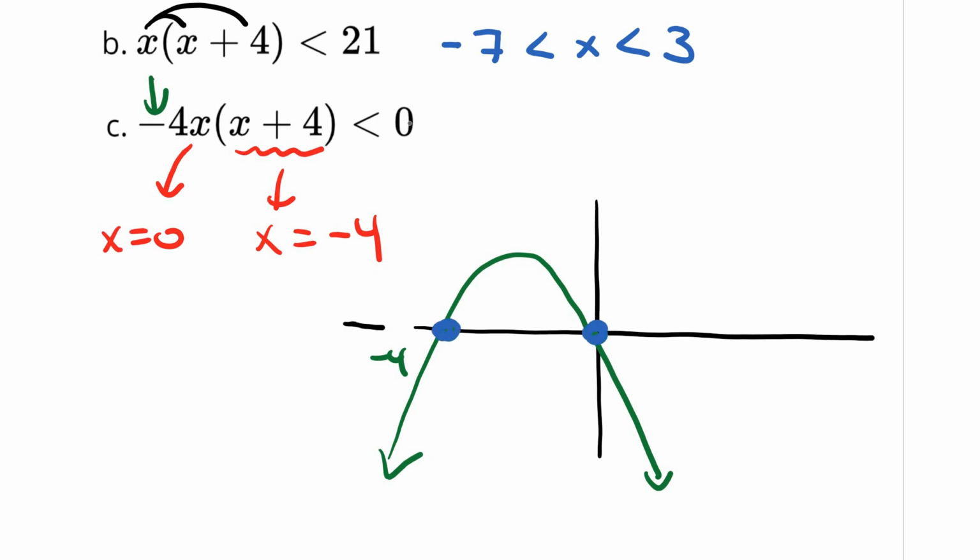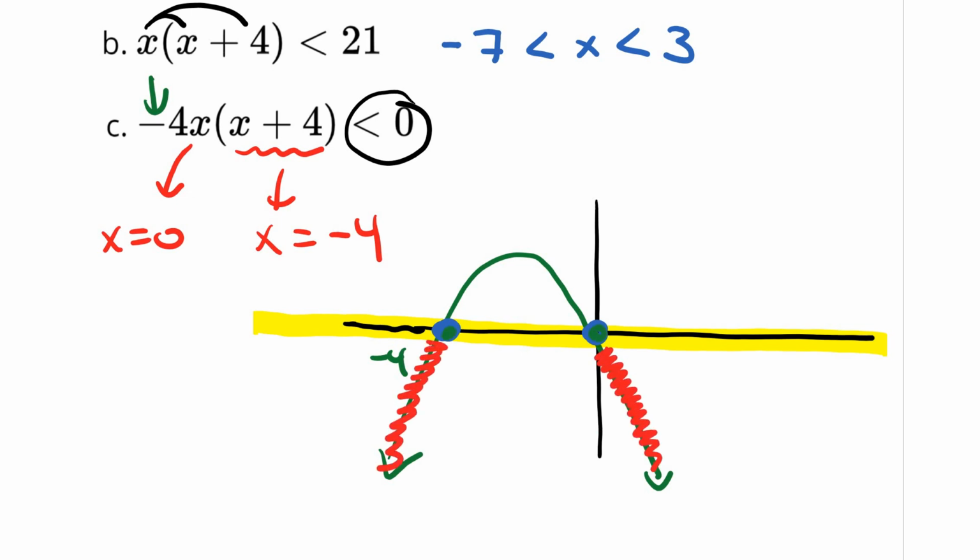And once again, this question is asking, when are you below the x-axis, right? So when is the graph below that yellow line? Well, it turns out now, that if I use a red marker, this part of the graph is below the yellow line, and this part of the graph is below the yellow line.